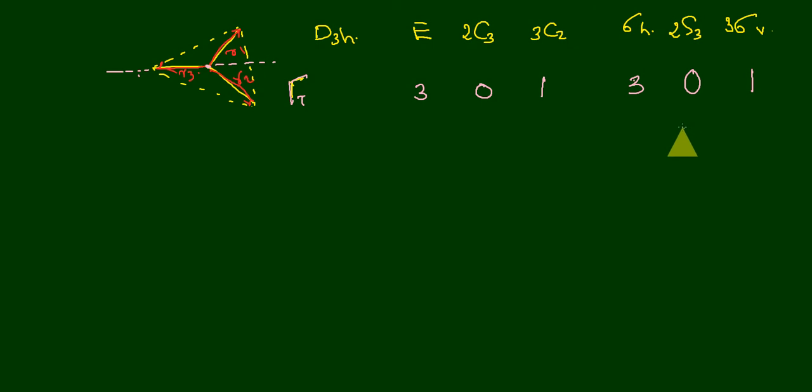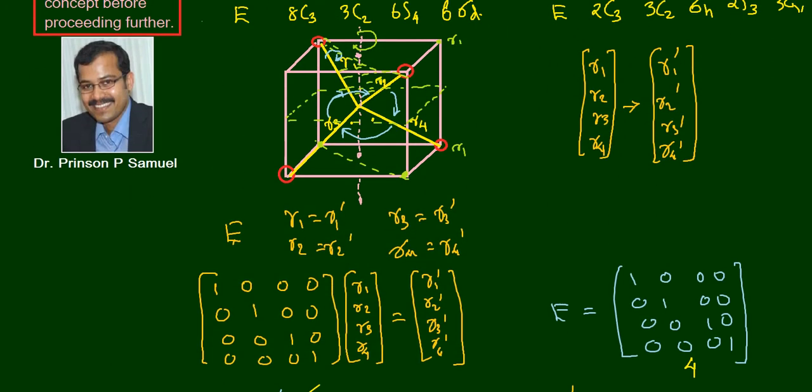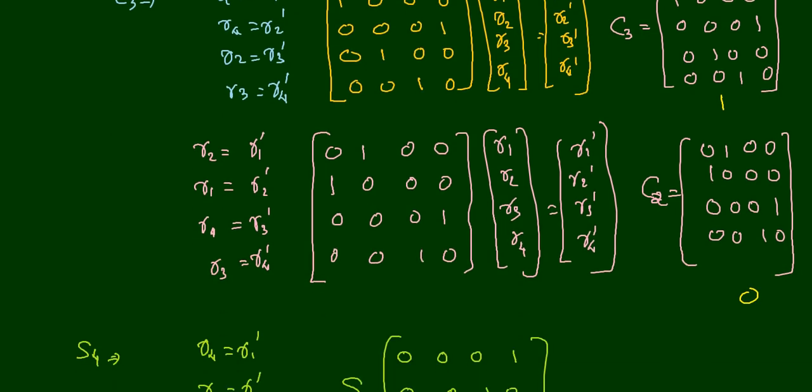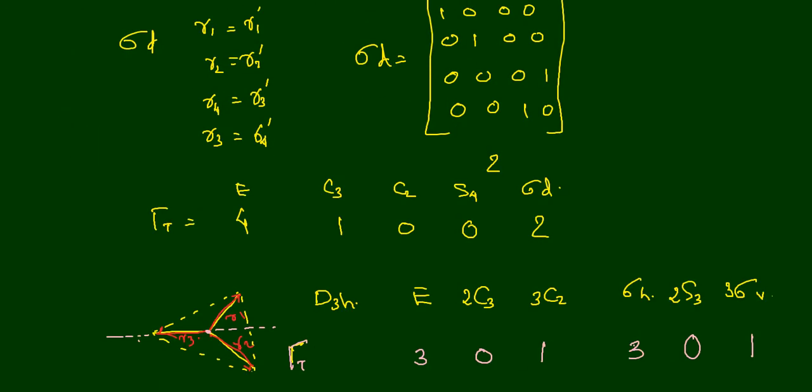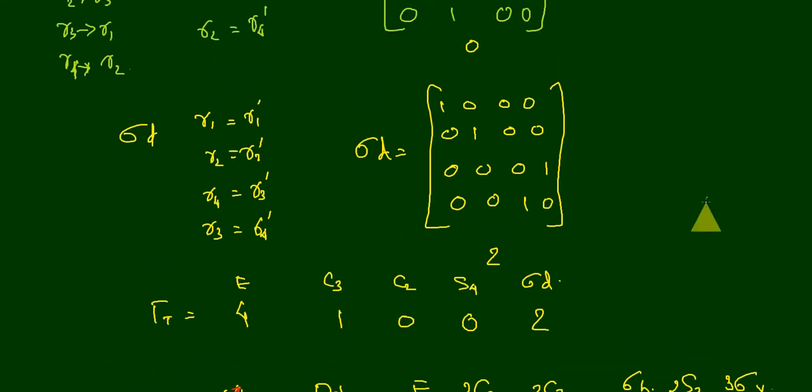Now you can apply the reduction formula here, and the total character can be expressed as the sum of different symmetry species present in the character tables. I will explain that while explaining hybridization. That is not the matter of this discussion.